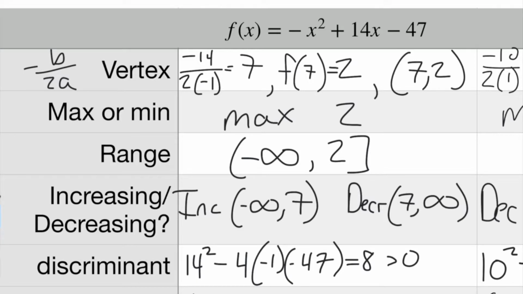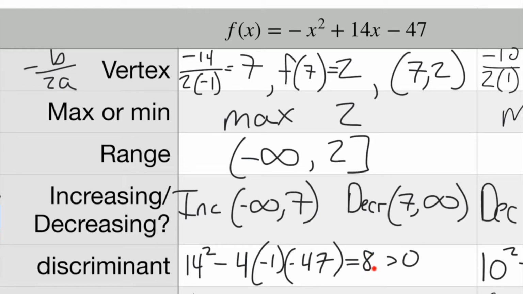Discriminant. If you find b squared minus 4ac, that equals 8. And 8 is greater than 0, so the discriminant predicts that when you solve the quadratic formula, x equals negative b plus or minus the square root of b squared minus 4ac, all over 2a, you will get 8 inside the square root.